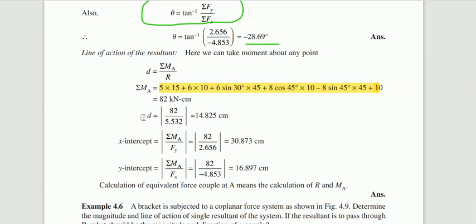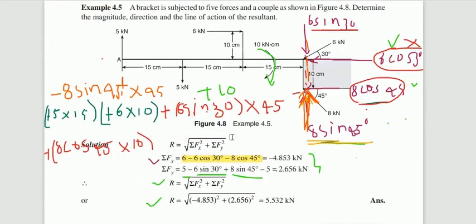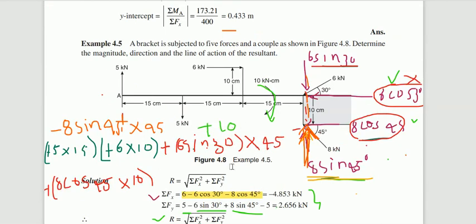After that, summation of moment divided by the resultant will give you the D intercept, and the X intercept and Y intercept you have to find out here. So this is how you calculate the magnitude and position of the resultant. Is it clear with this problem? Yes, ma'am.